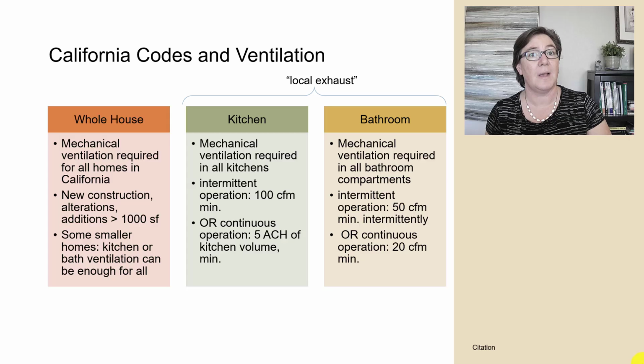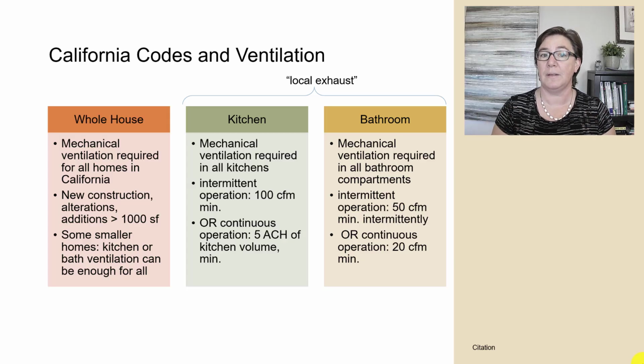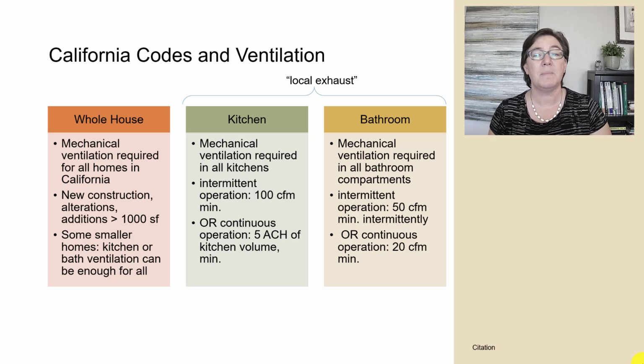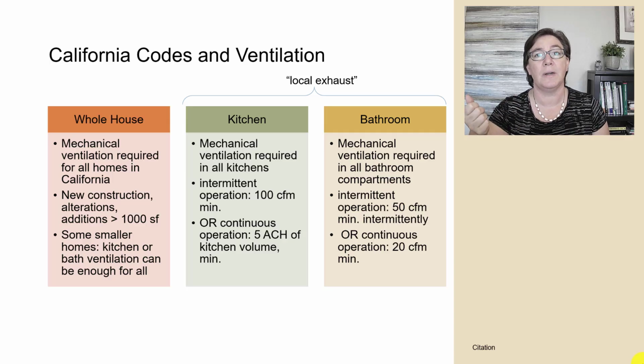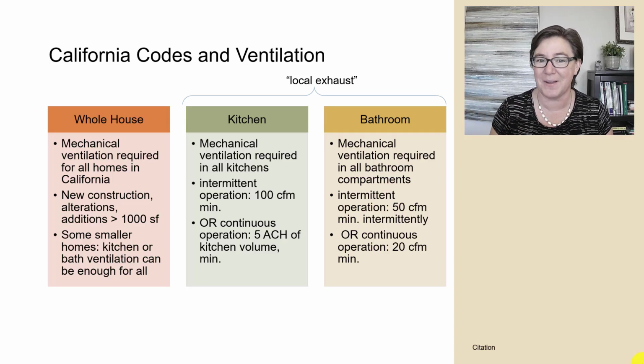We also have what is called local exhaust requirements for kitchen and for bathroom. First of all, mechanical ventilation is required in all kitchens in California. This can either be intermittent or continuous operation. The more common way to do this is intermittent, meaning you turn it on when you want it and you turn it off when you don't.